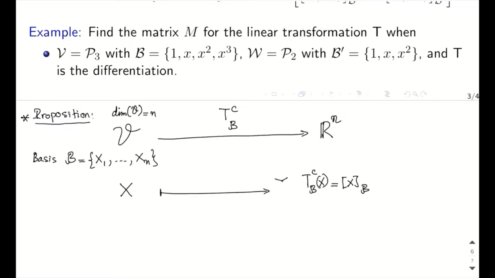So the y vector is going to be the coordinate vector after the transformation happened. If we can write x as a linear combination of the vectors in the basis, then the explicit formula for this one would be a1, ..., an. All right, so that's what T_CB does.